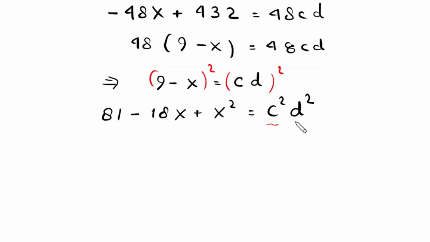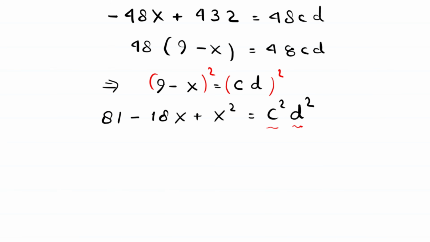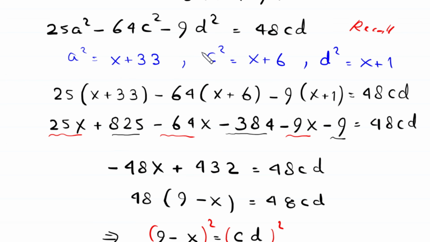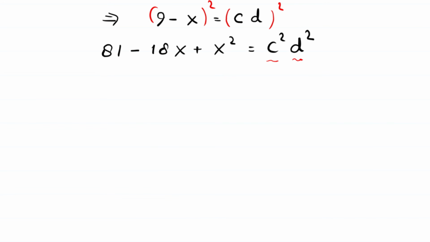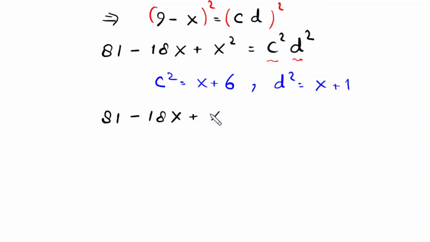Replace c squared with x plus 6 and d squared with x plus 1. So this will become 81 minus 18 times x plus x squared equals x plus 6 times x plus 1.